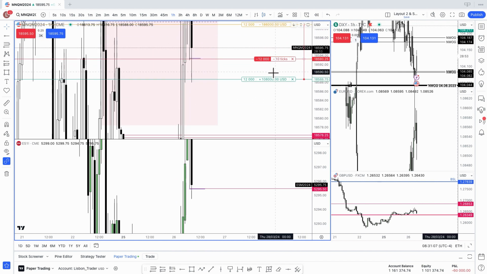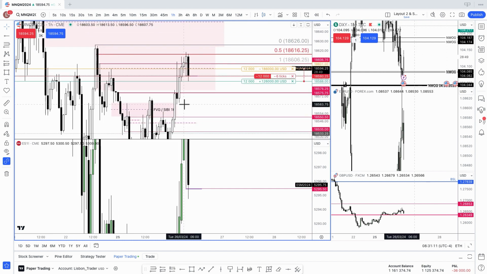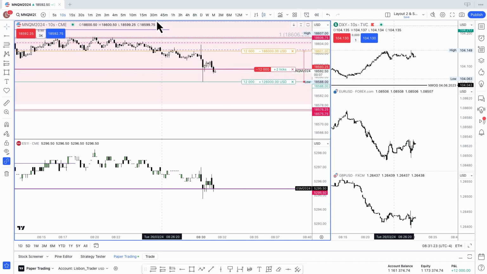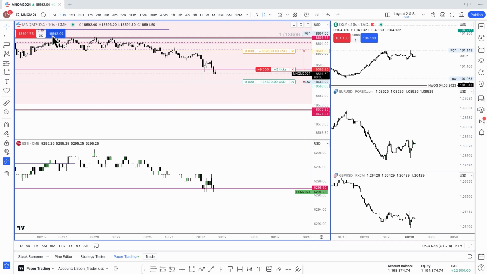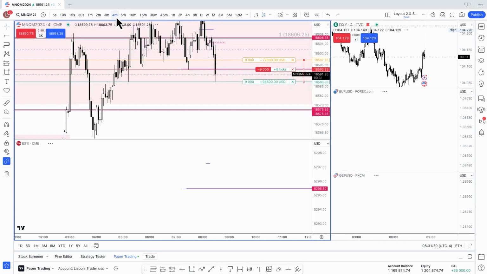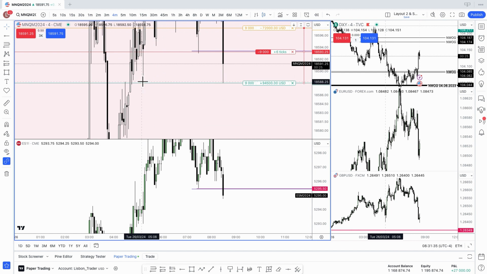There's sell side liquidity here to be taken, which this will be doing. So it has already bumped into this, so there's the sell side here, got respected.